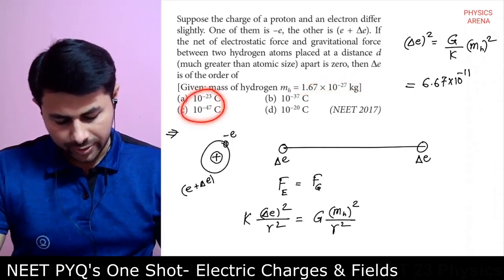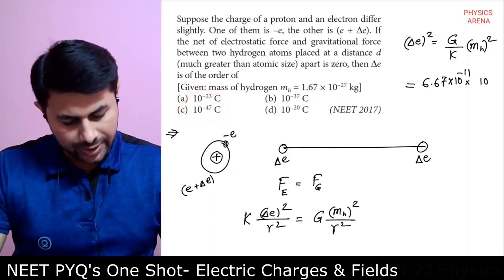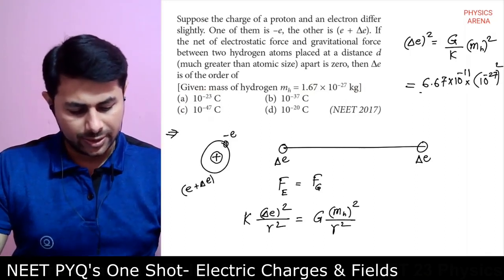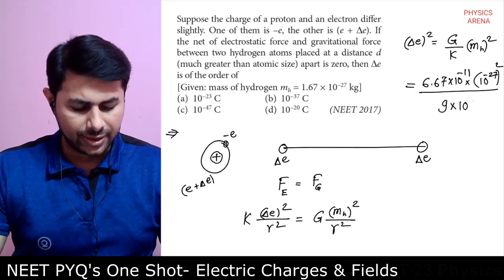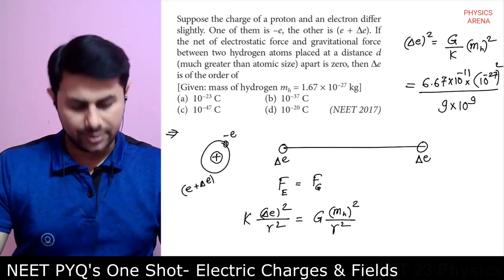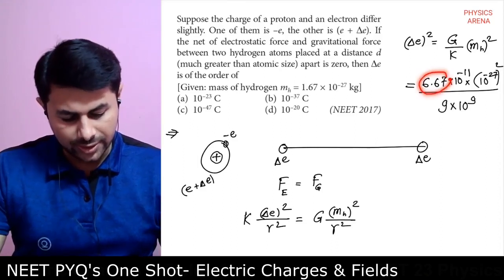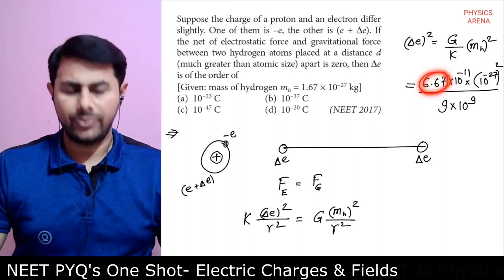We just want the order of magnitude. We have the square of that divided by K, which is 9 multiplied by 10 raised to 9, right? So let's find out the order of magnitude. This is of the order of 10.